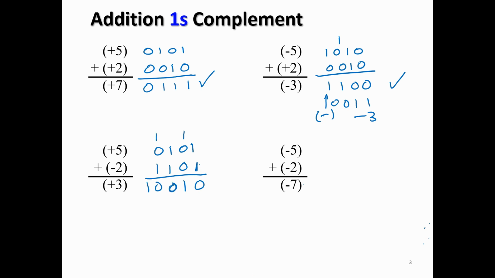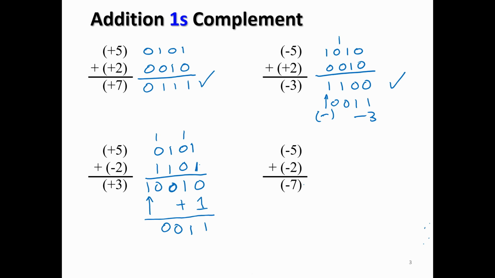We finish with one more bit, so what do we have to do with that one? One of the possible cases is that we add it to our result. So we have 1100, which gives us a positive 3.